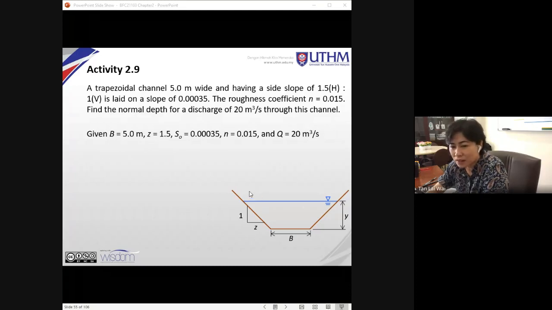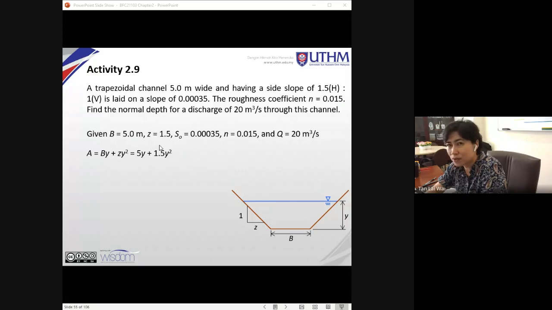Now, of course, the flow area for a trapezoidal section would be b times y plus zy squared. You have half of zy squared, half of zy squared, therefore you have zy squared. So the flow area is that. Now, the flow area is written in terms of y, depth of flow. I think you have a similar question in assignment 1 where you need to find depth of flow for critical depth.